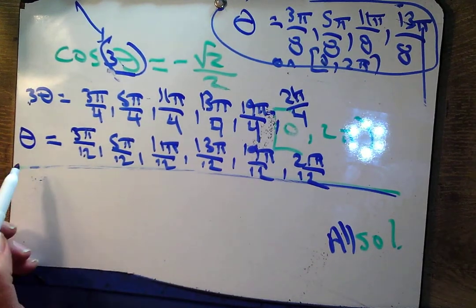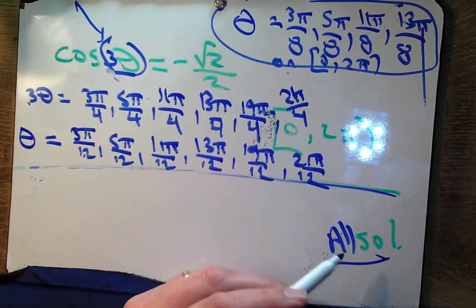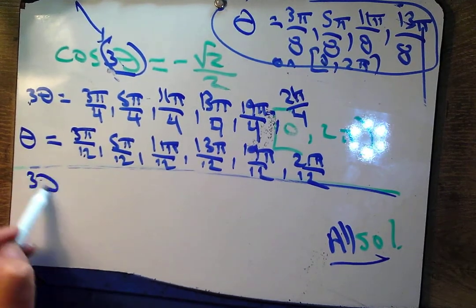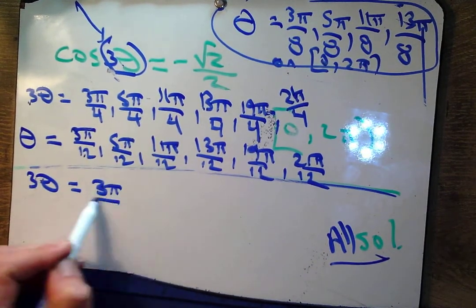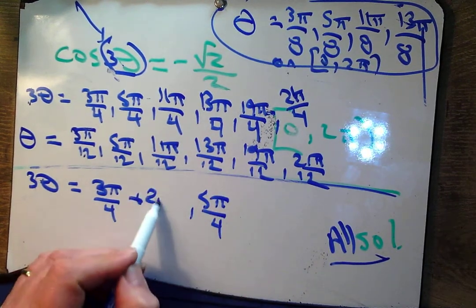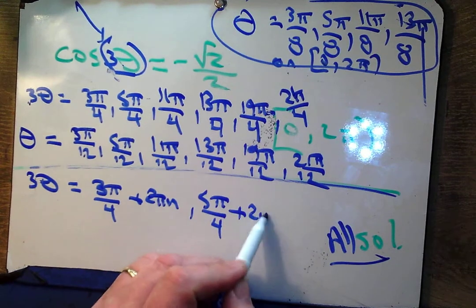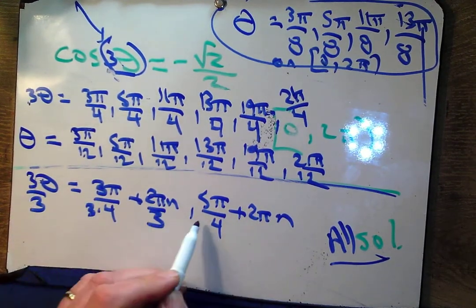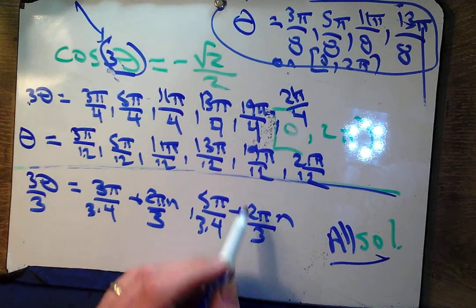Now, what about the all solutions case? Well, with all solutions, we only go around once. 3 theta equals 3 pi over 4, 5 pi over 4. Now we slap on the plus 2 pi n's, and then we go and divide everything.